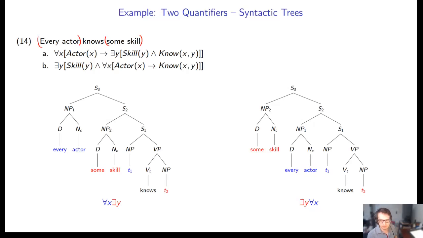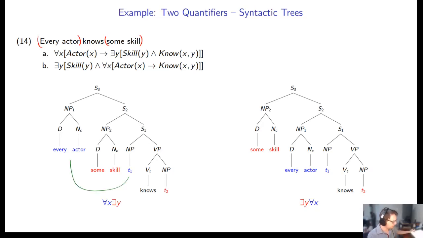So we're going to have 2 different trees. I've chosen every actor as T1 for the subject, so the subject comes first, and some skill as T2 or NP2 because it's the object. So we have the first case where we have the universal scoping over the existential.